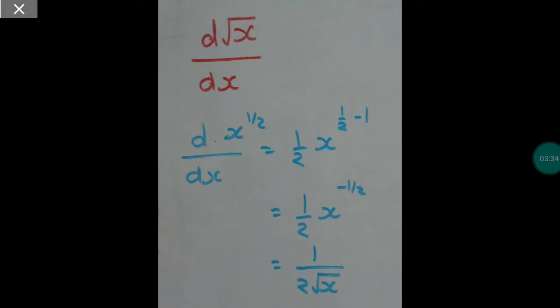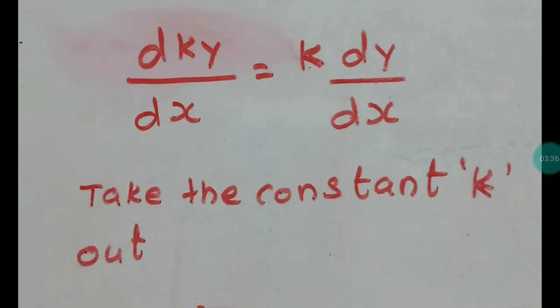Okay, this is another solution. Now the next problem, we have one more formula. See, this is d/dx of k y. What is k? k is a constant. And what is y? y is any function, or say any relation. The variable y has some relation with variable x. But k is a constant. Constant means something which does not change.